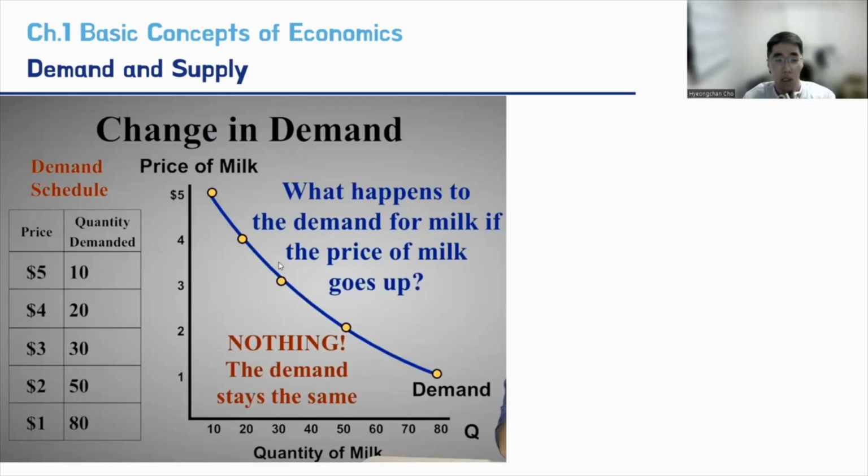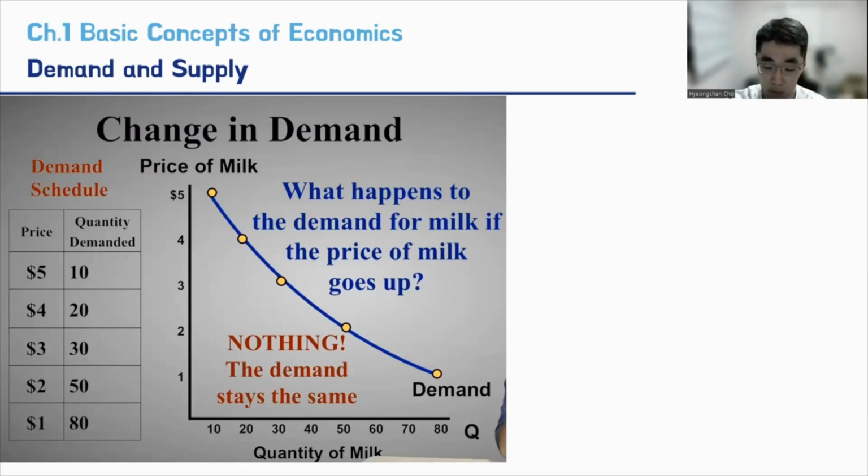So these changes can be presented on the line, which means when the price is going up or going down, these kinds of changes are happening on the line of the demand curve.